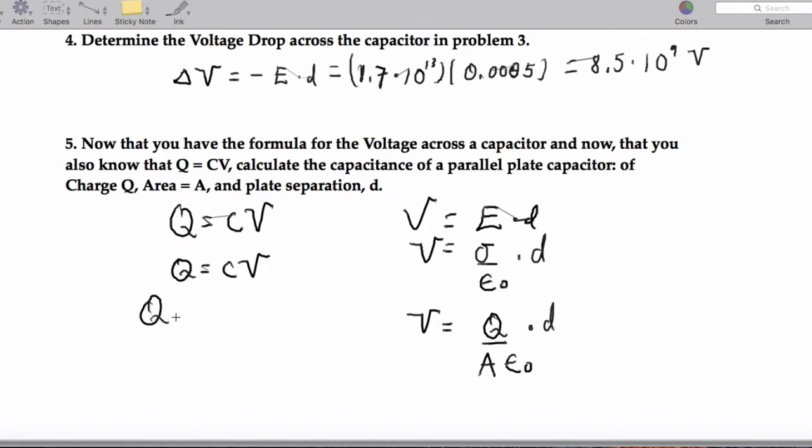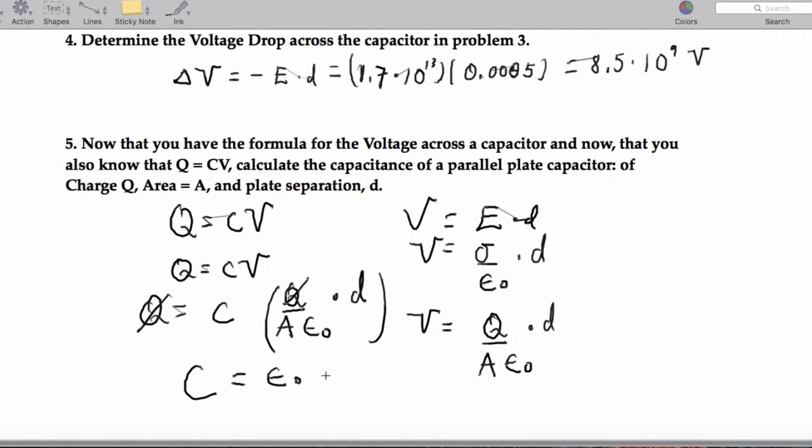We end up getting that the charge in the capacitor does equal the capacitance times the voltage drop across it, which is Q times D over epsilon naught times A. So we can cancel Q here. So it turns out the capacitance of a parallel plate capacitor depends on its area and its distance, and the electric constant, the permittivity of free space: epsilon naught A over D.